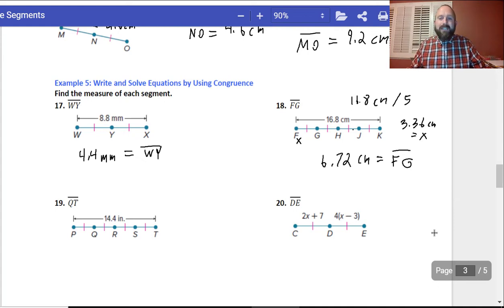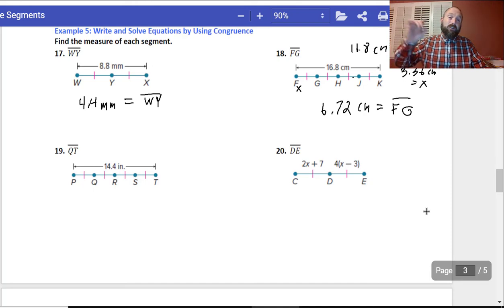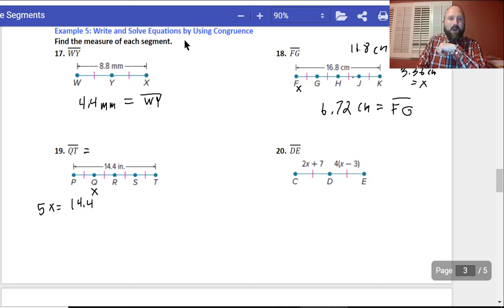For these next two, I'm going to have you try these out. First things first, figure out how to set up number 19. We're going to pause it in 3, 2, 1. All right guys, we can call each one of these segments x.